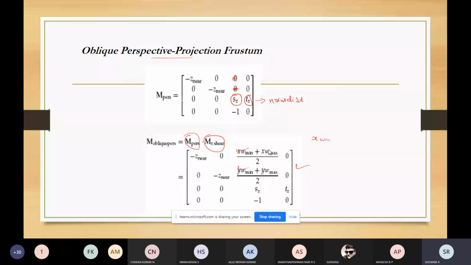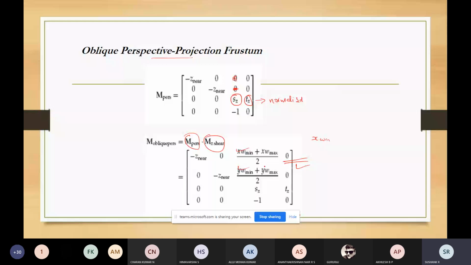And also, what this matrix will give us is that it will transform the object positions in the viewing coordinate system to the perspective projection homogeneous coordinate system.